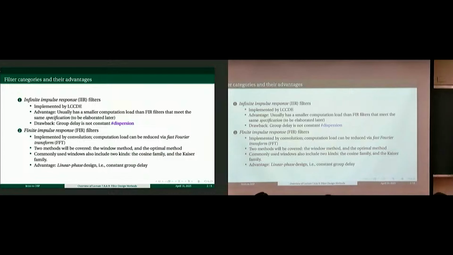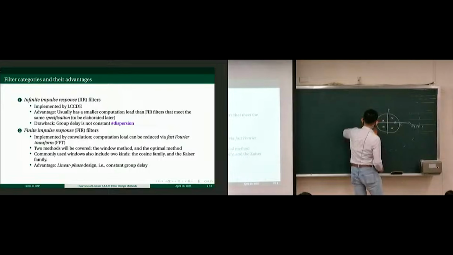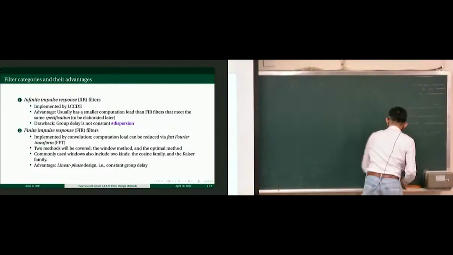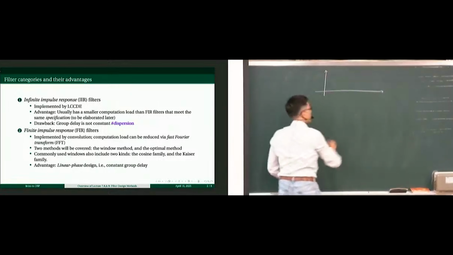We will have a linear phase design for any FIR method that we will cover. So what does that mean? That means that if we go to the frequency domain, I'm just going to casually draw a few pictures.